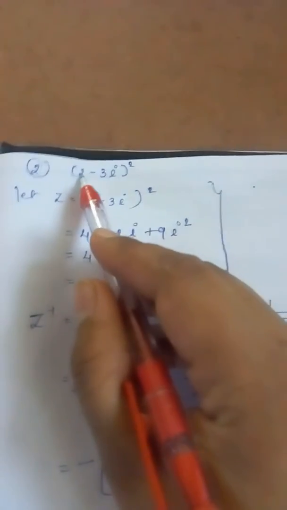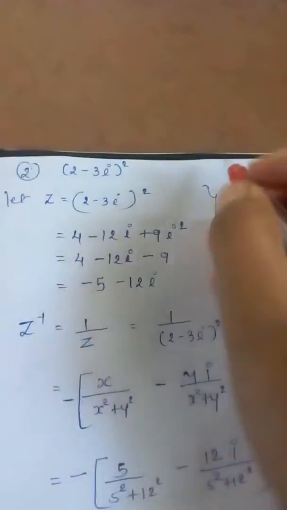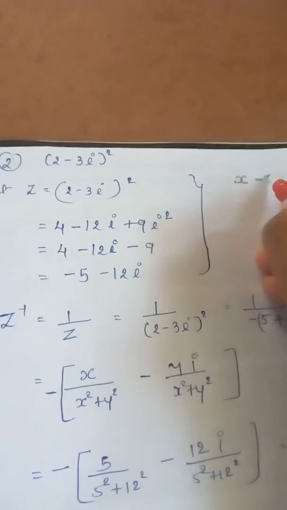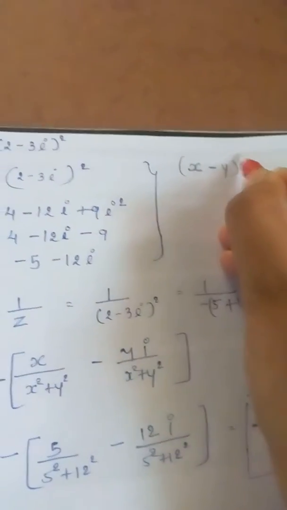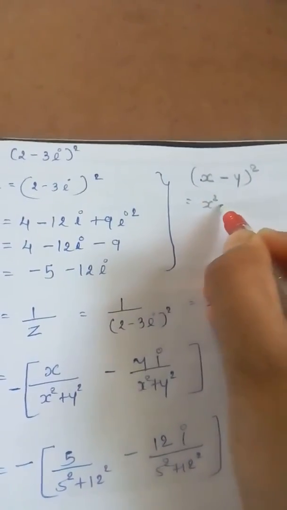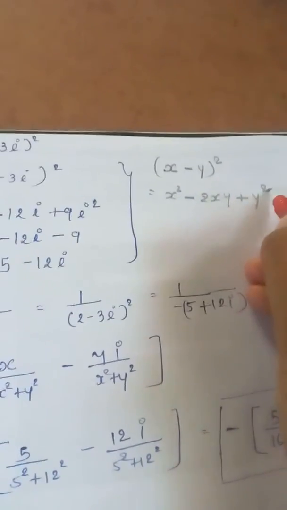Now this is example 2: 2 minus 3i whole square. This is the algebraic identity that we all know: x minus y whole square is x square minus 2xy plus y square.